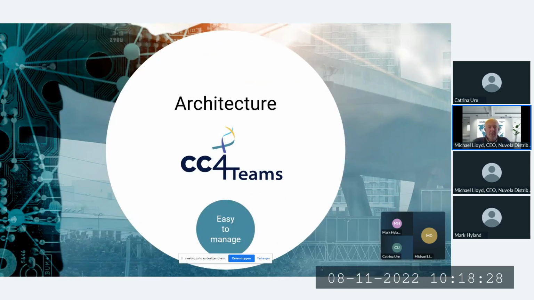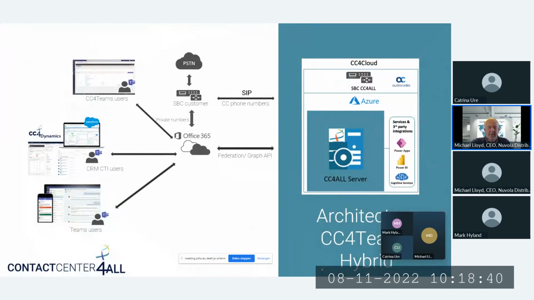Before I switch over to our live demo, because it's better to show what it's really doing than showing you thousands of pictures, I would share a little bit about our architecture, and it's a bird's-eye view, of course. What's happening is that Office 365 is central in your whole environment. You have an outside connection with a direct voice connection, and you see it in the drawing with an SBC going outside.